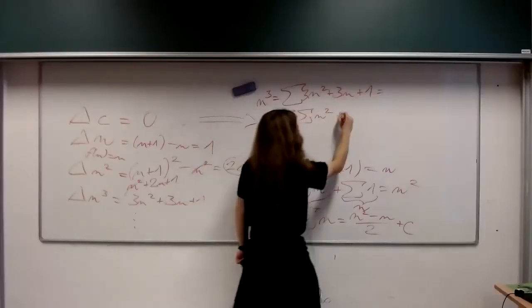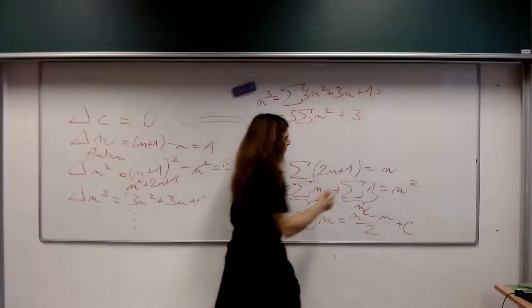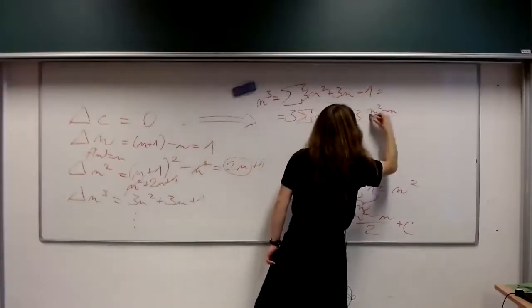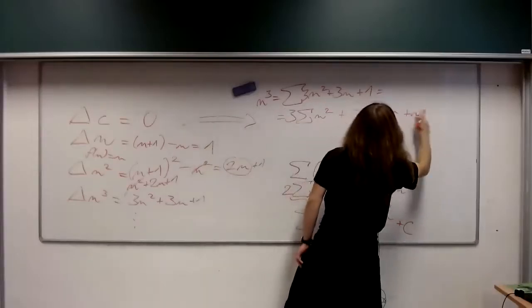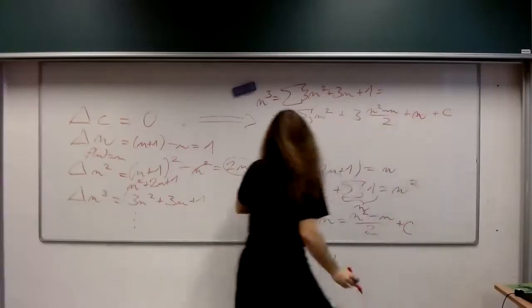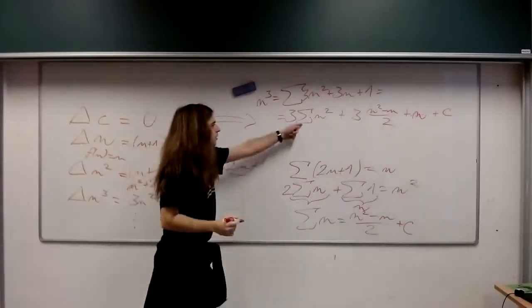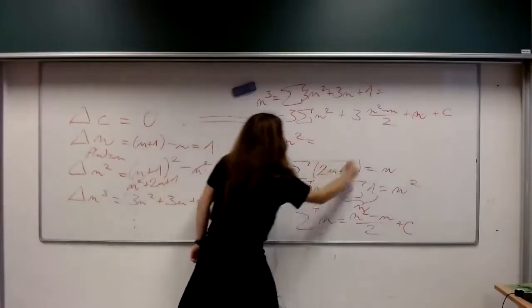n squared. Then we get 3 times the sum of n, but we know that already. And the sum of 1, that's just n. A constant, of course. So here we just express the sum once more.